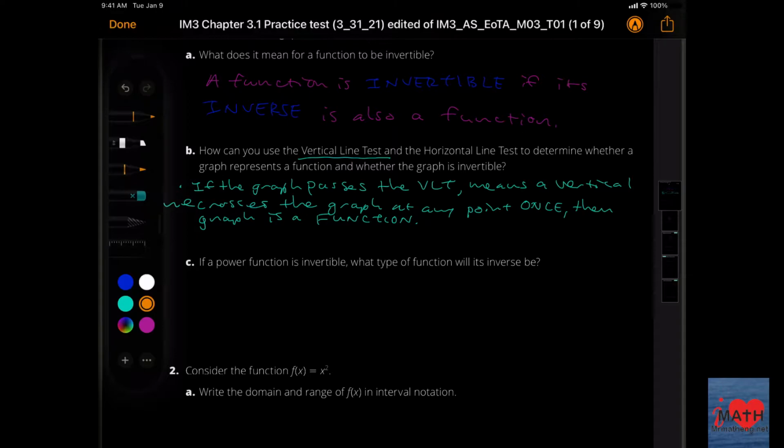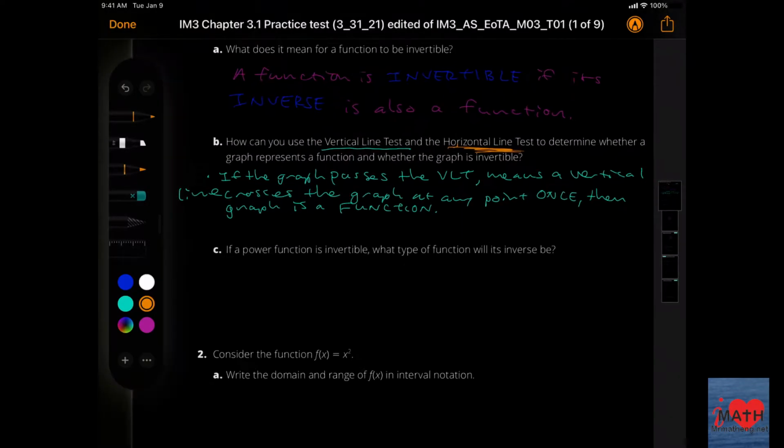Alright, let's try orange. I didn't like it before, but what about this horizontal line test?